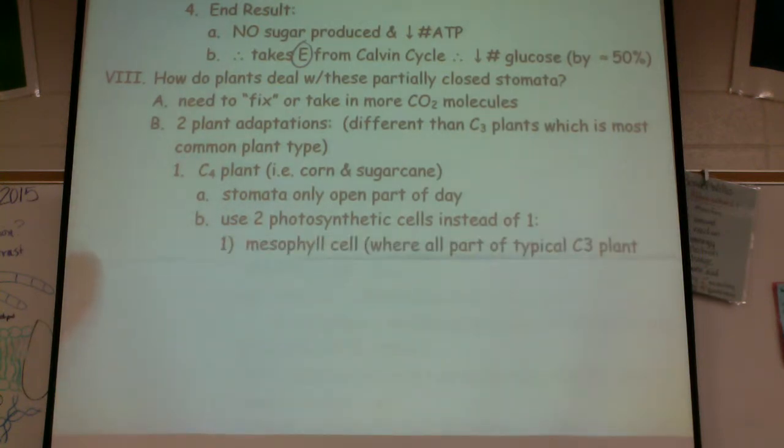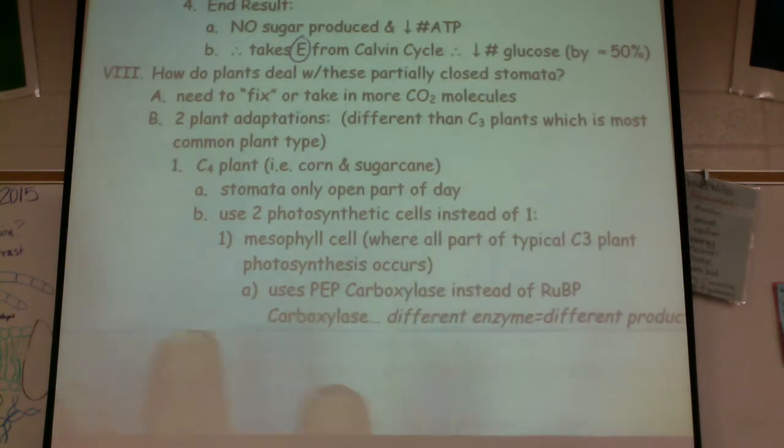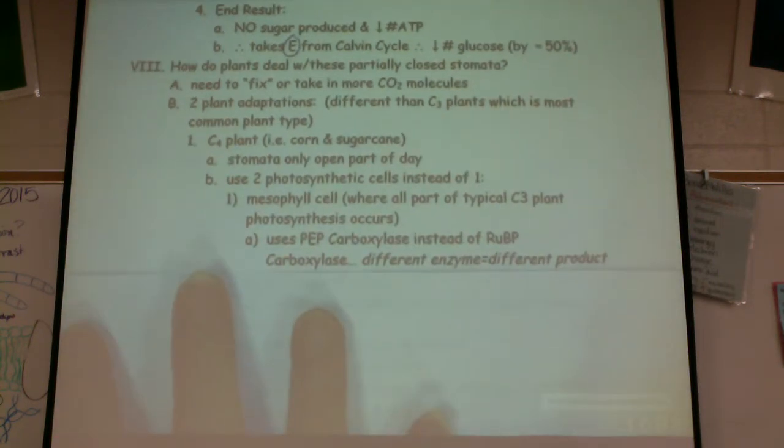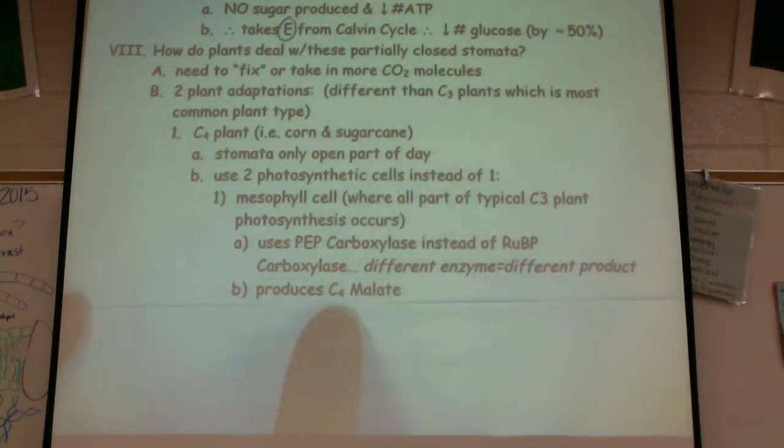So you're still using the mesophyll cell, and it's going to use a different enzyme, PEP carboxylase. It's slightly different than RuBP carboxylase, and it's a different enzyme, so therefore a different product, right? Enzymes are specific, they have specificity. So it's going to produce what we call a C4 molecule called malate. That's why they're C4 plants.